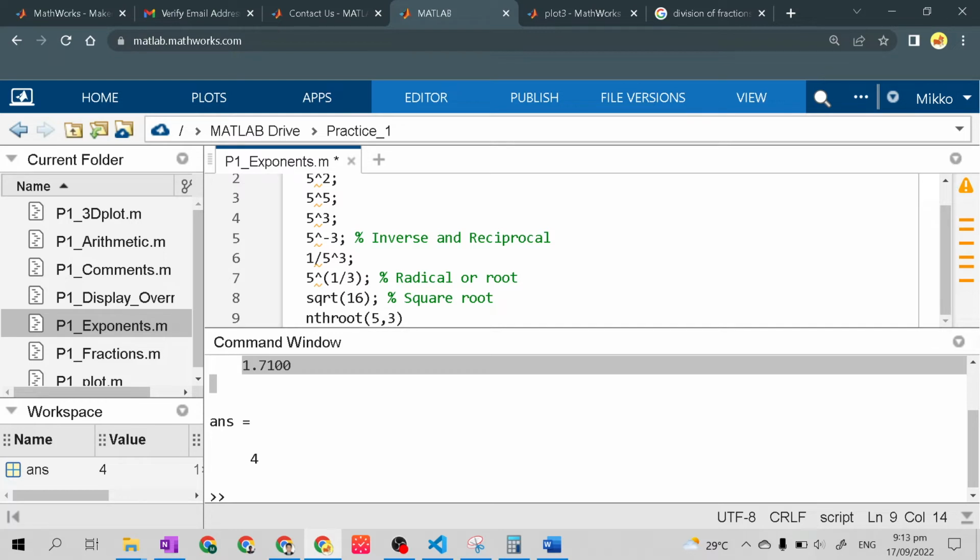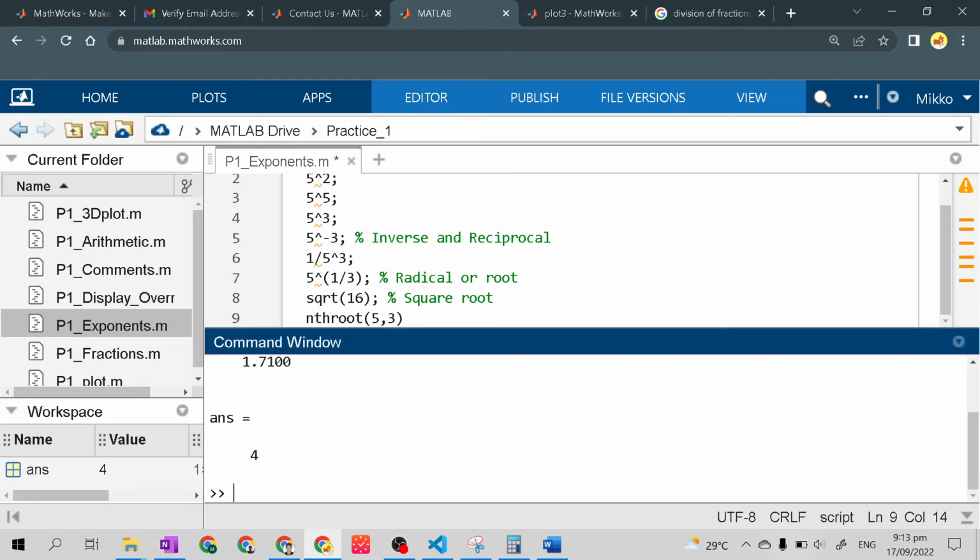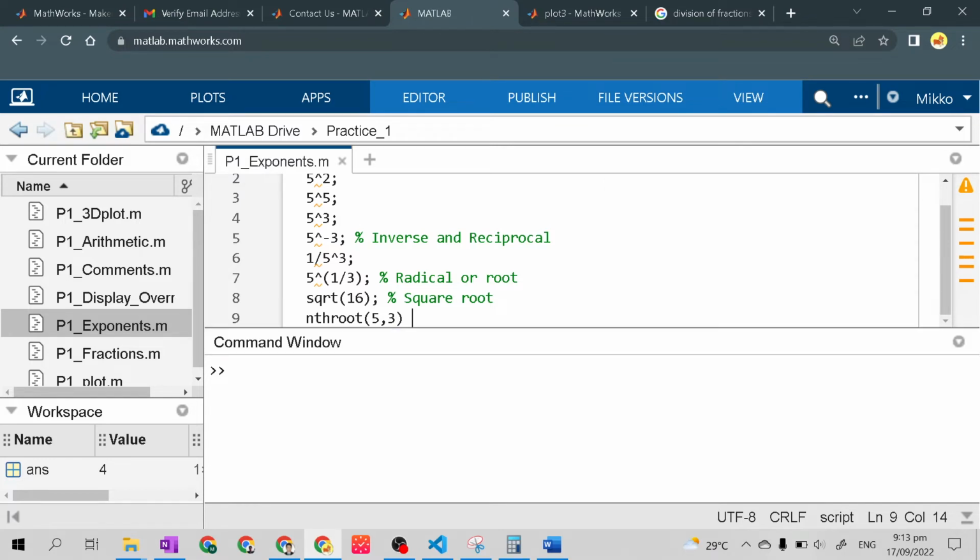You want to express the radical of 5. So F5. So 1.71.